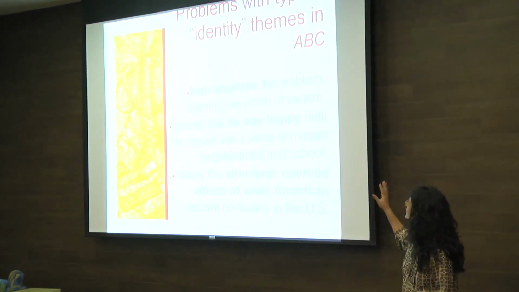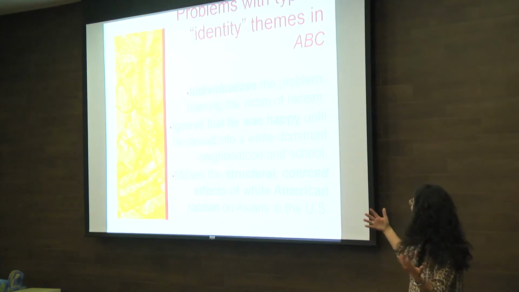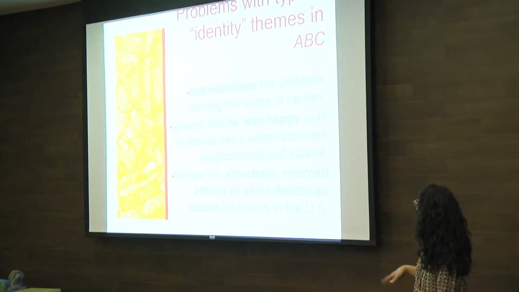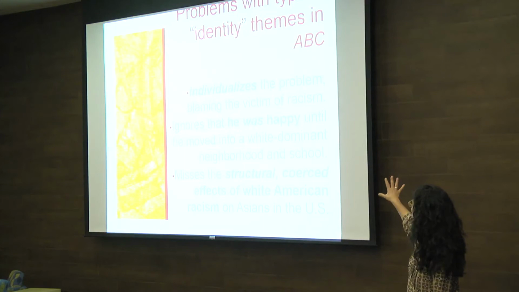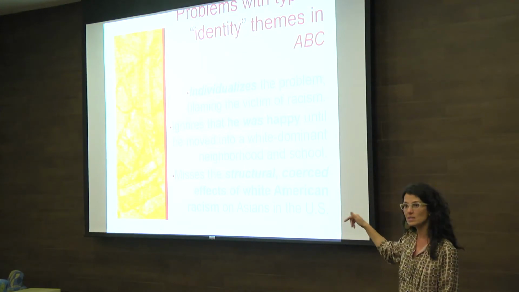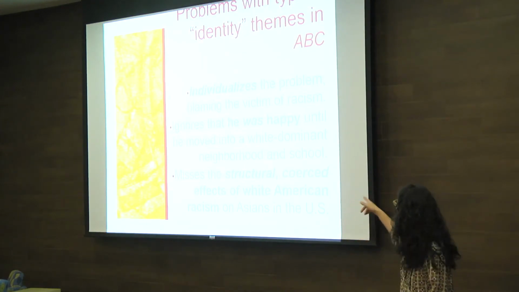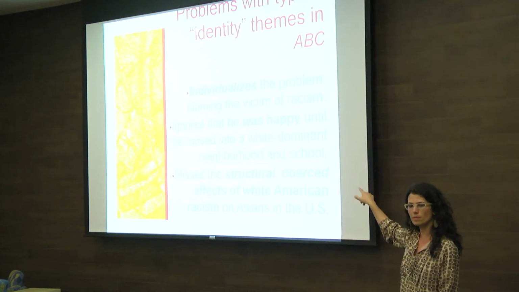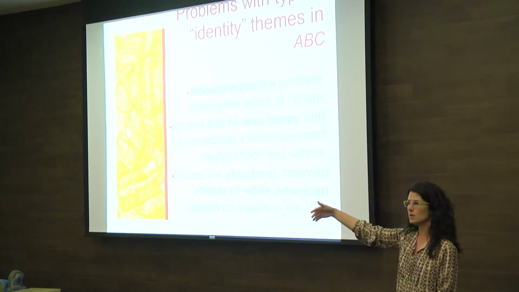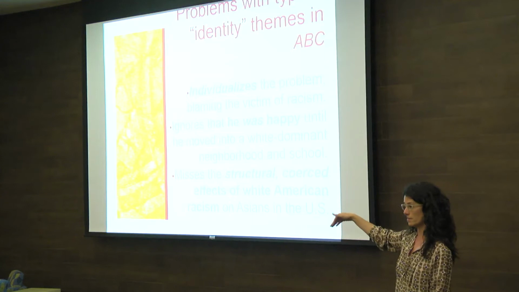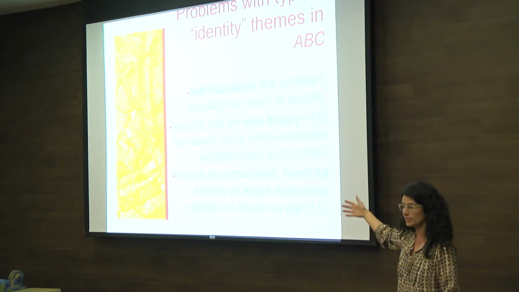And I don't know why my presentation is exceeding the bounds. It didn't when I did this in a national audience, but sorry. So here are some of the problems with typical identity themes in this novel and other novels like it. It individualizes the problem. It puts the burden of adjusting on the victim, right? Or on the victim of racism.